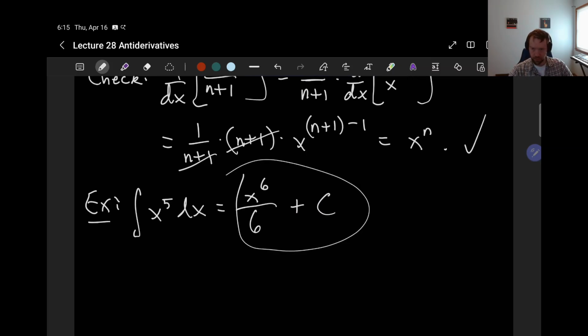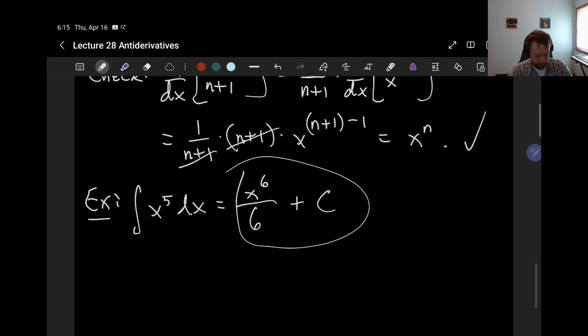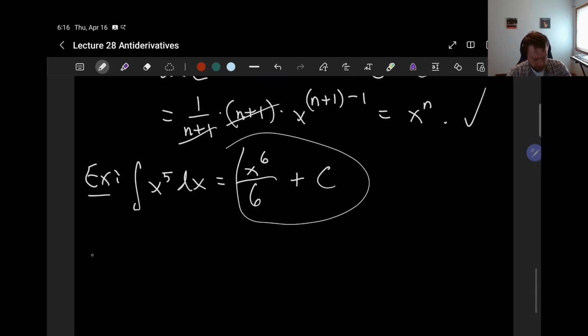Let's look at our next properties of indefinite integrals. I'll call this linearity. Basically, these work very well with addition and subtraction, and also if you multiply by a constant number.